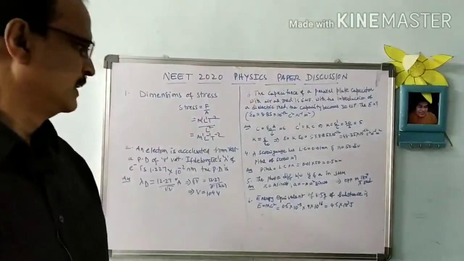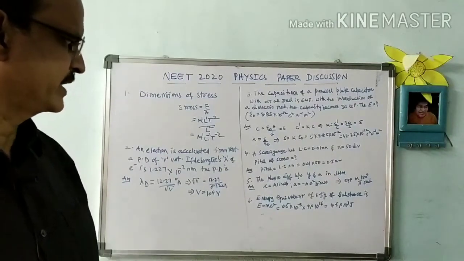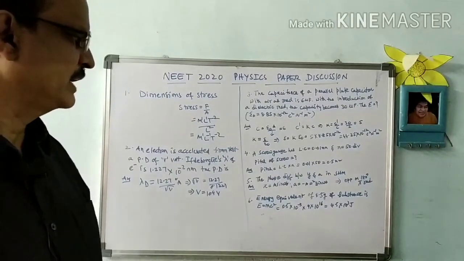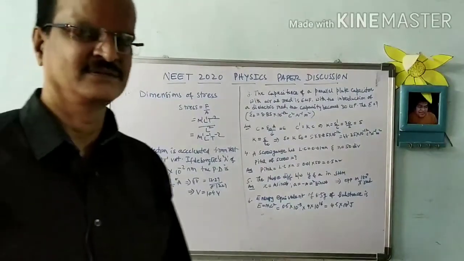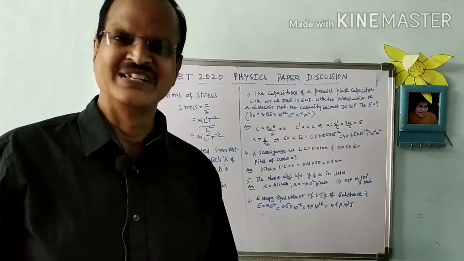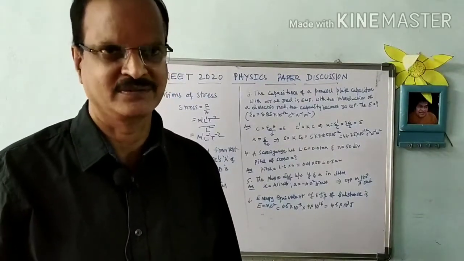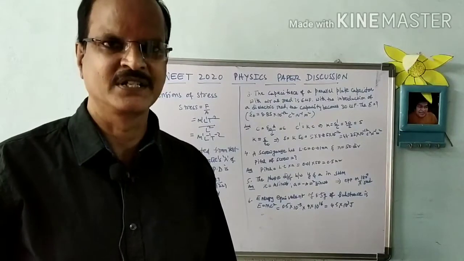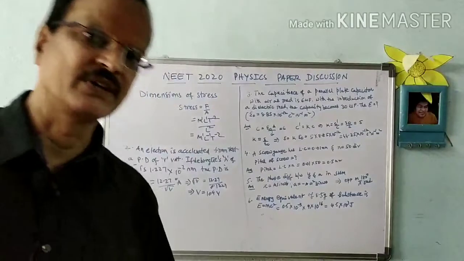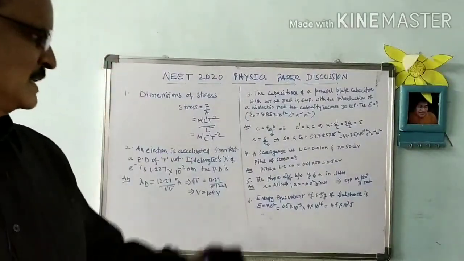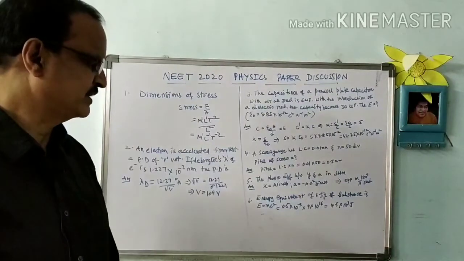Now we have the sixth question. Students, children, the energy equivalent of 0.5 grams of substance. This is a chocolate question or an ice cream question. Using Einstein's mass-energy relation, E is equal to mc square, where m is the mass and c is the velocity of light.